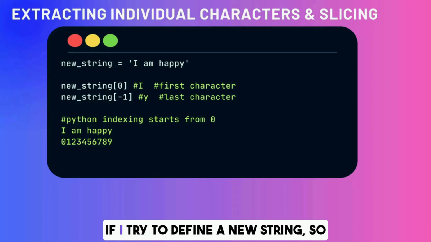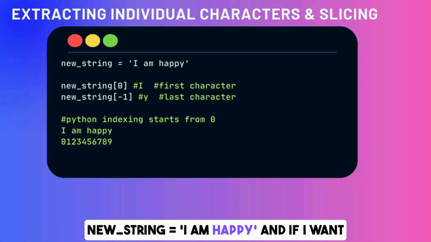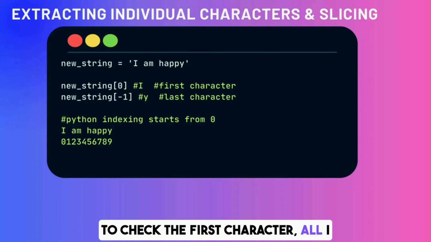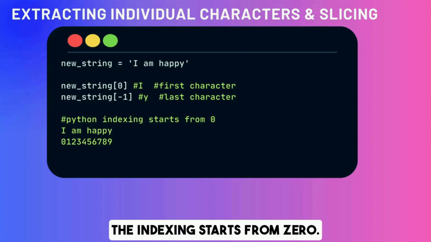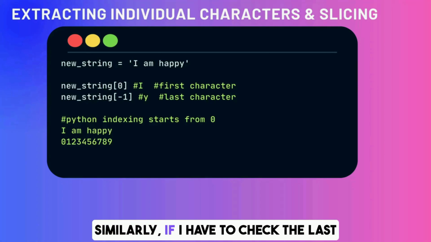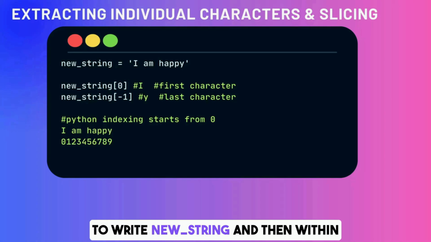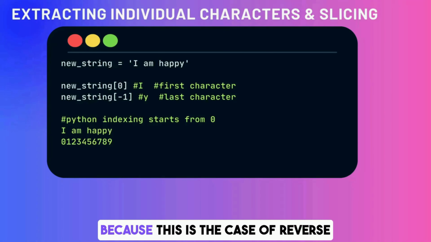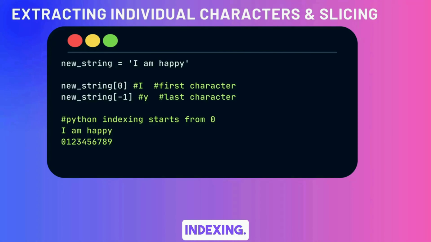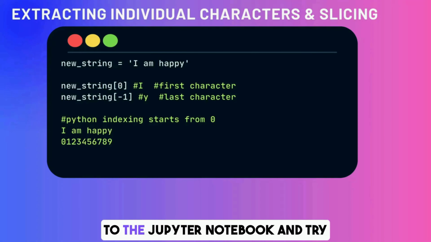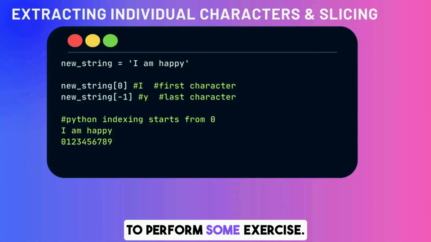For example, if I define a new string, new_string equals 'I am happy', and I want to check the first character, all I have to do is write new_string, and within the square brackets type 0 because the indexing starts from 0. Similarly, if I have to check the last character, I write new_string and within the square brackets type -1, because this is the case of reverse indexing. Now again let me go back to the Jupyter notebook and try to perform some exercises.